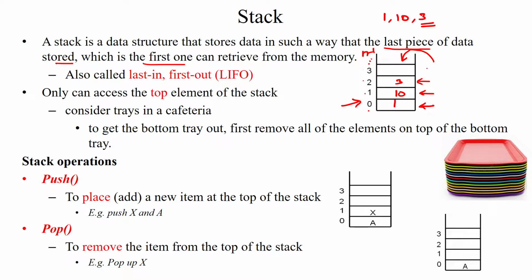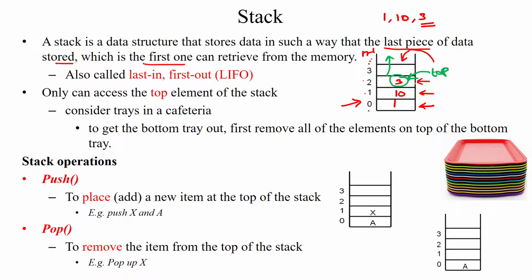When we want to remove or access an element from the stack, it will be the top element of the stack. So now this is the top element in the stack. Whenever we access data from the stack, the top element is accessed first.